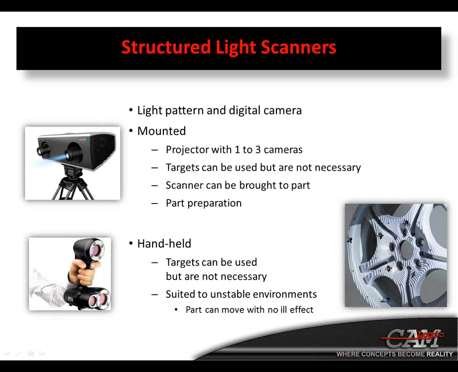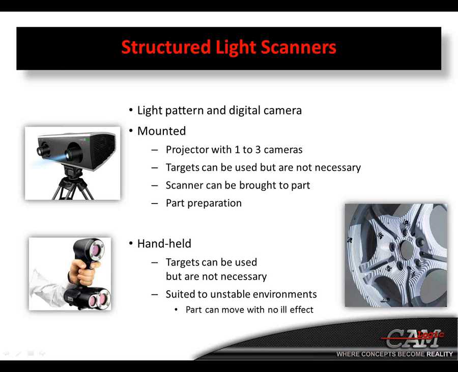And structured light scanners. These use what we sometimes call a fringe pattern, and then again a digital camera, typically 1 to 3 cameras that will capture the deformation of that image on the part. The image over on the right is a very good example.